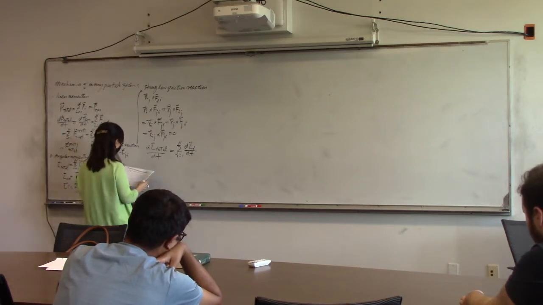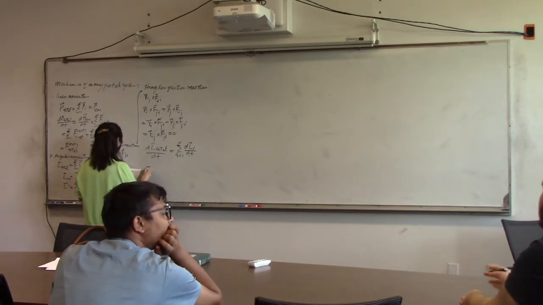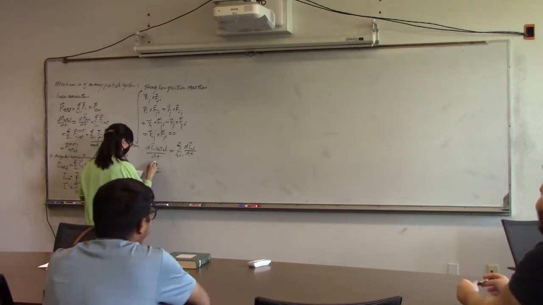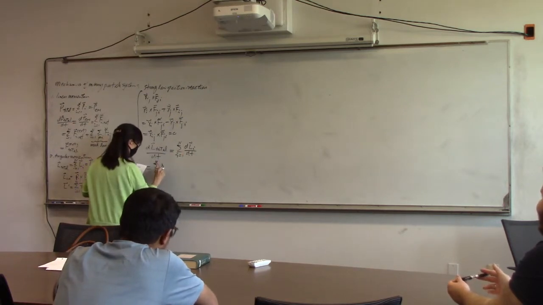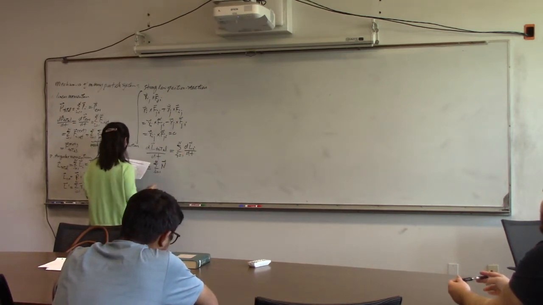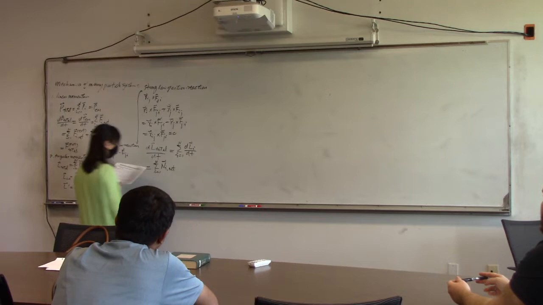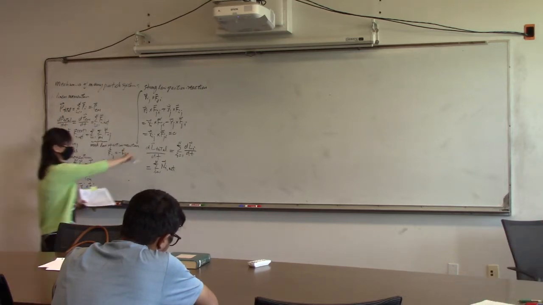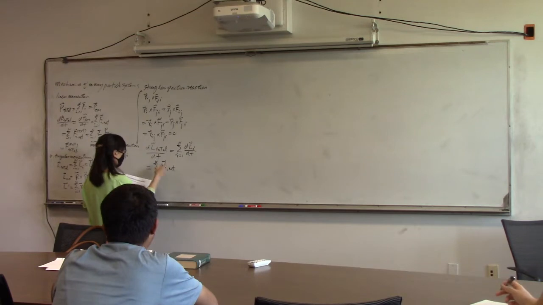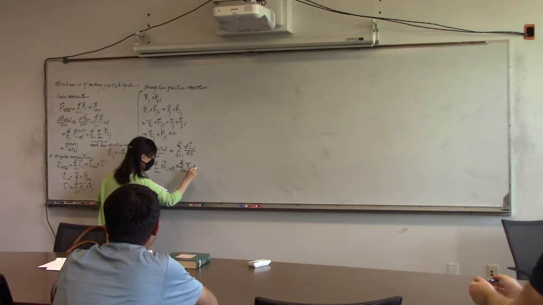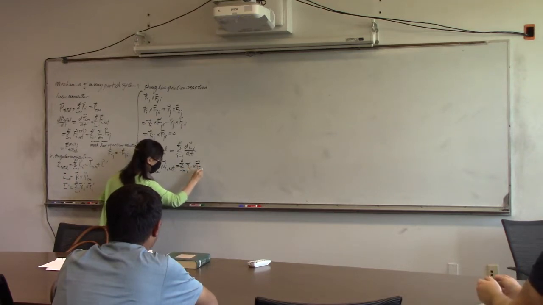Just to remind you, for a single particle, each particle has a net torque, so that is equal to the sum over all the net torques. Then the net torque is equal to r_i cross the net force on each particle.